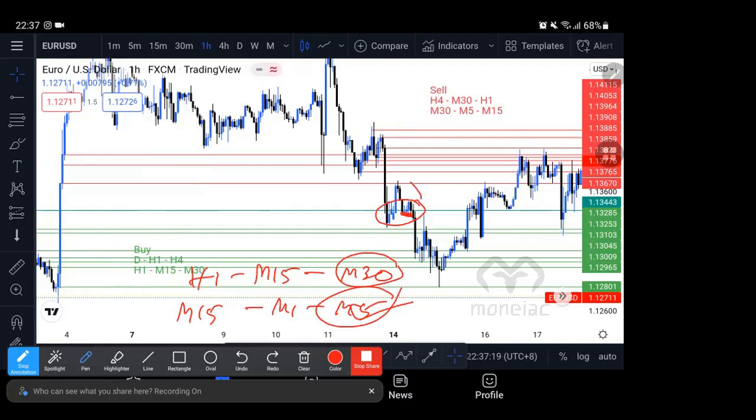So what is happening? Why is the buy failing? Because it didn't break the M30. So we have a strong indication that the sell is having momentum at that moment. So are you clear about my explanation?